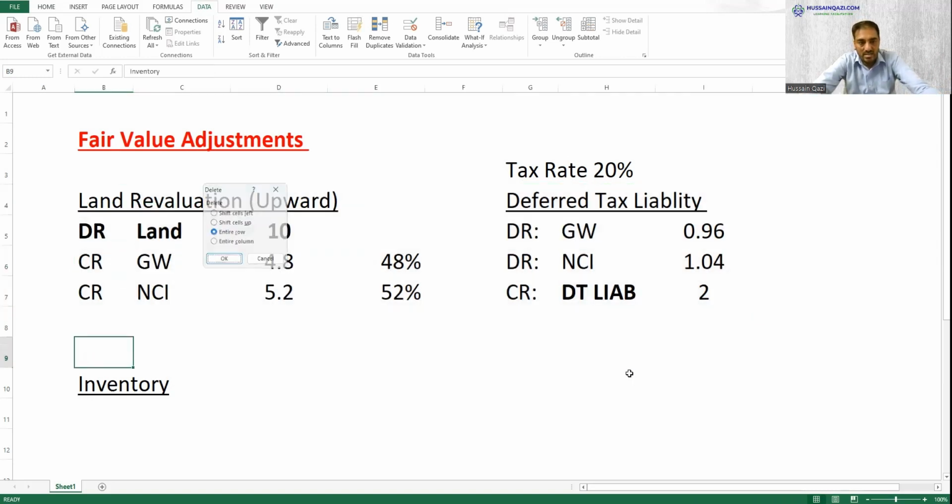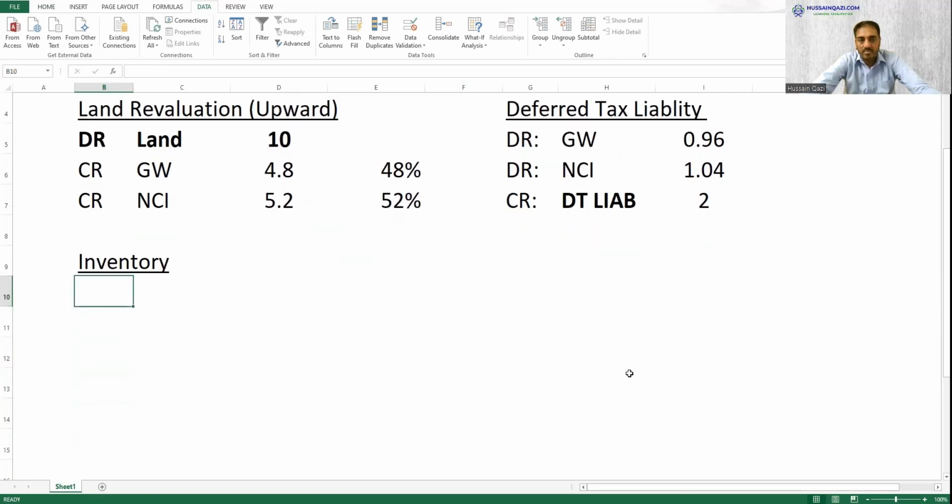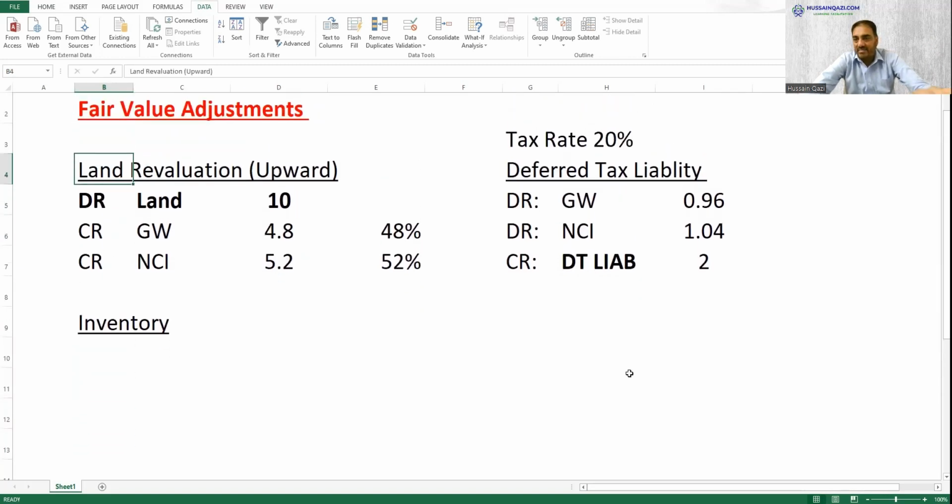On the other hand, inventory. The examiner here is not expecting you to develop any logic. By the way, you must be aware of the logic. Why is this a temporary difference? Because we revalued the land according to IFRS 3, but the tax authority did not consider this revaluation, and the revaluation is only considered when the asset is disposed of.